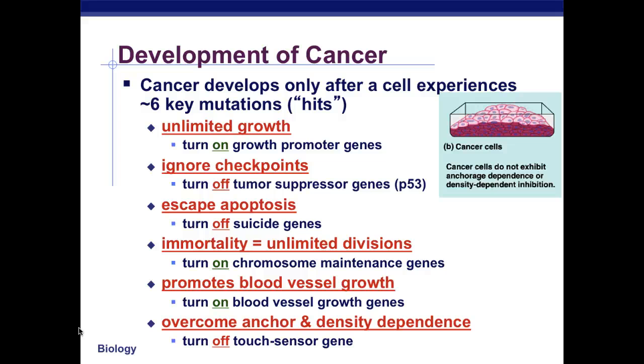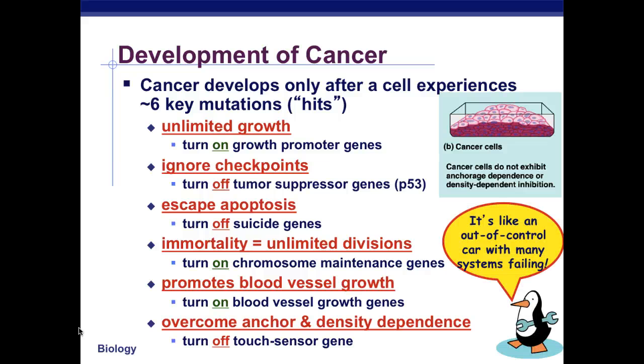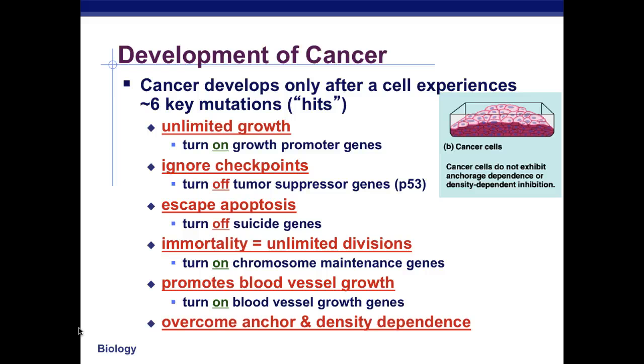If there's a mutation in cell division, cells become immortal and have unlimited cell division. So you turn on chromosome maintenance genes, and the cells just rapidly divide. Also it promotes blood vessel growth, so it turns on blood vessel growth genes.